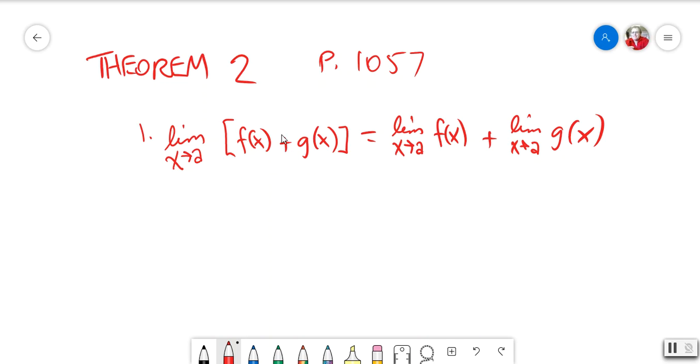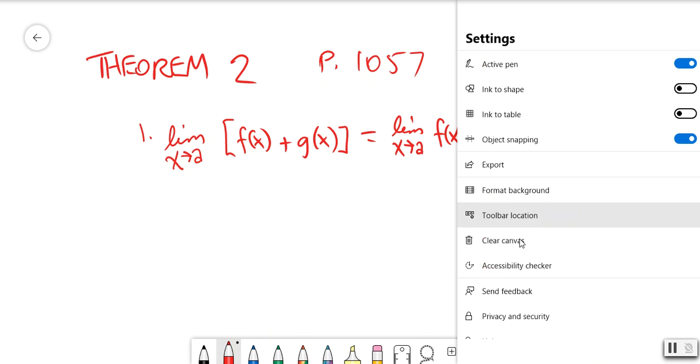So the limit of a sum is the sum of the limits, which is kind of common sense. The same thing is true for subtraction, which is number 2. The same is true for multiplication by a constant, which is number 3, a function times a function, which is number 4, division, which is number 5, powers, which is 6, and roots, which is 7. I'm not going to go through all those because the problems I gave you involve only the first.